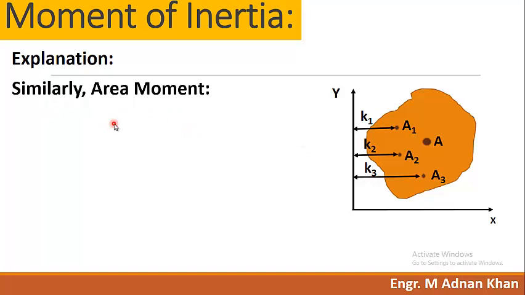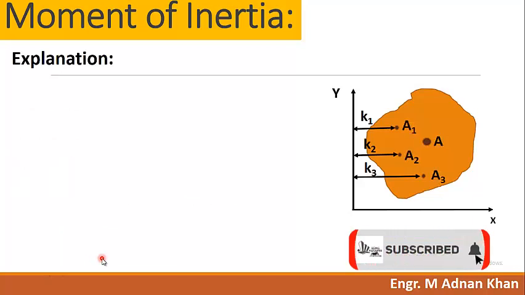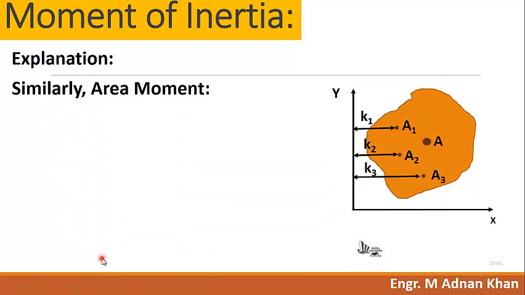Similarly, as in the previous slide we saw that it is equal to MK square, if we consider the area of a body, it will become AK square. Now its unit will become meter power 4, or whatever unit you are using, centimeter or inches. So the unit of area is m square, and this is multiplied by the square of a distance, that is k1, k2 or k3, so the unit will become m power 4.